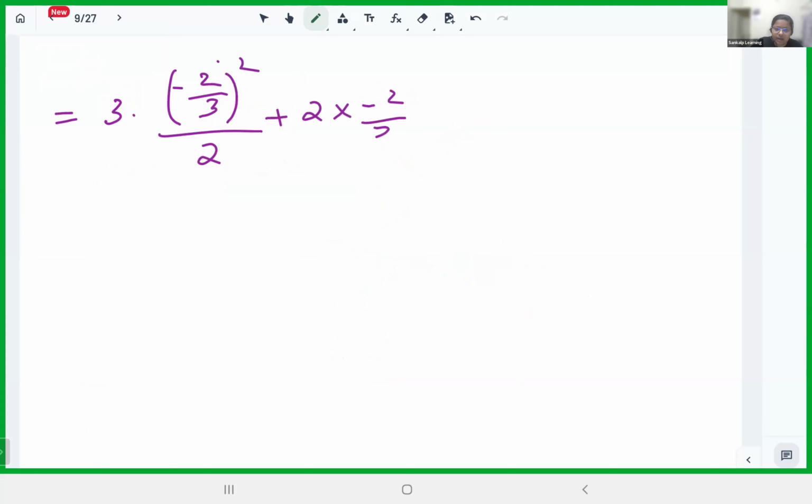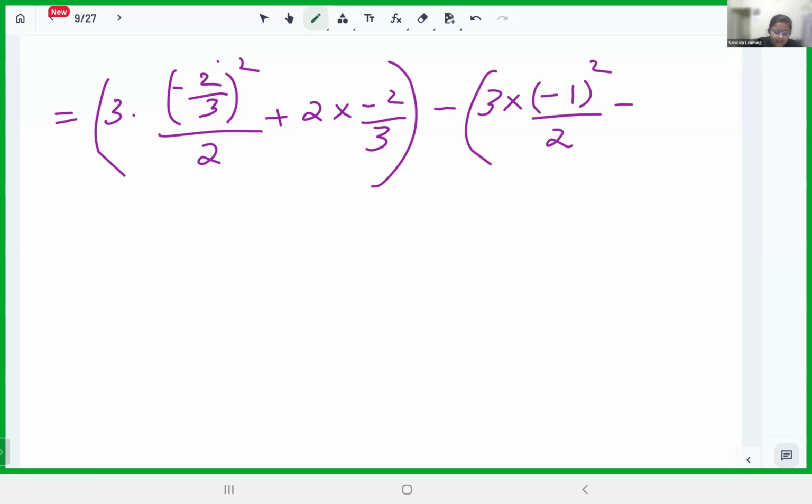This is the upper limit, right? Minus the lower limit, 3 into minus 1 the whole square by 2, and we have to put the bracket.